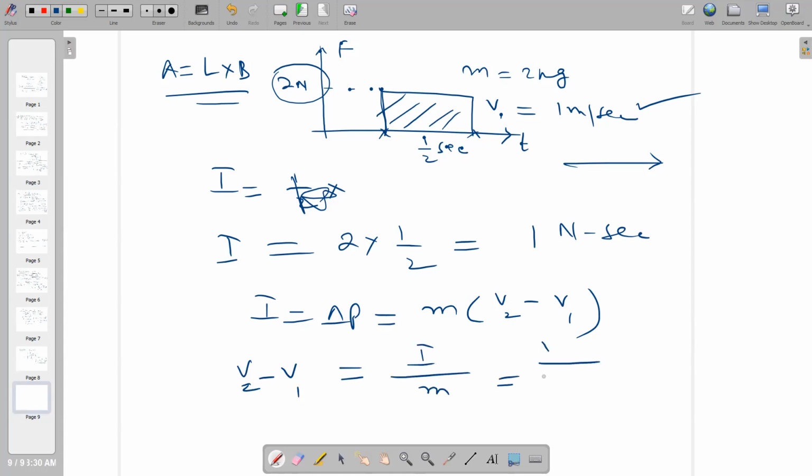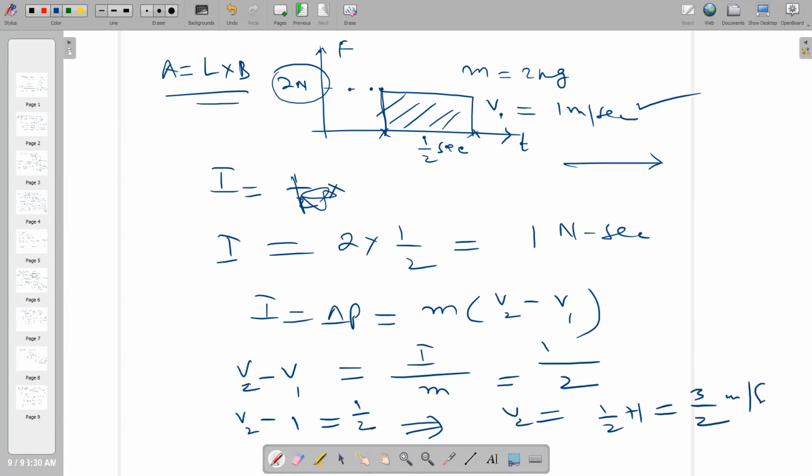I is 1 and m is 2, so v2 minus v1 is 1/2. v1 is 1. V2 is equal to 1/2 plus 1, so the answer will be 3/2 meter per second, or 1.5 meter per second. In this way, you can solve this problem.